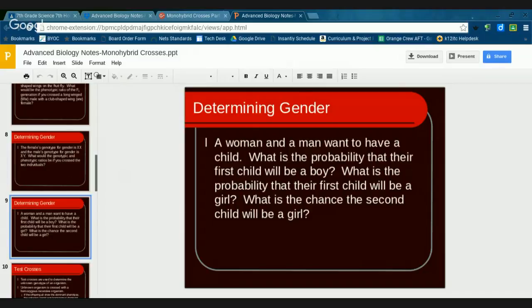Now, let's say I told you that their first child was a girl. What's the chance that their second child will be a girl? Well, now you can take that one out, that top left girl out, and now you've got three remaining options here. So they have a 1/3 chance that their second child would be a girl.